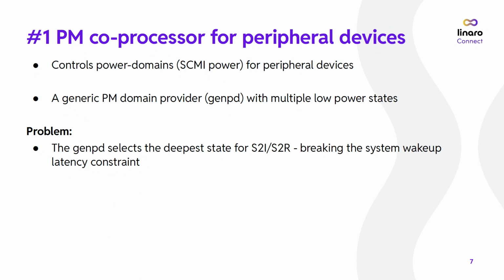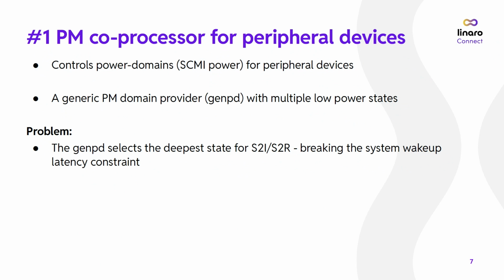Okay, so let's go into some of the actual use cases. These are use cases that have been brought to my attention by speaking to different vendors on various occasions. And this is actually a TI use case, a platform that TI has.